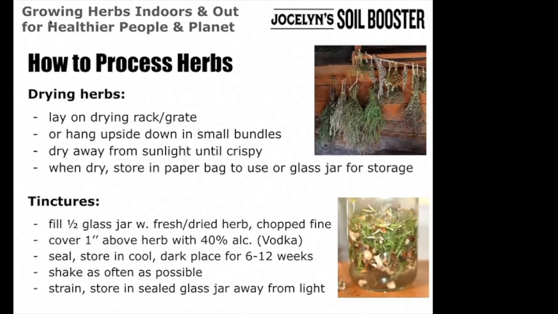Otherwise, I simply fill half of a glass jar with the fresh or dried herb, really finely chopped to maximize the surface area. And then you cover it with alcohol. You can use simply vodka from the liquor store. Make sure all of the herb is covered. Then you want to put the lid on and store it in a dark place, again, away from sunlight.